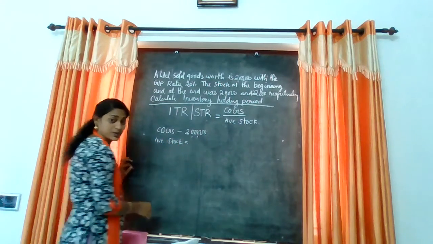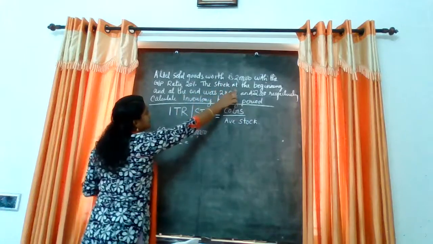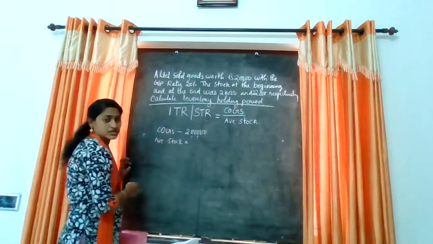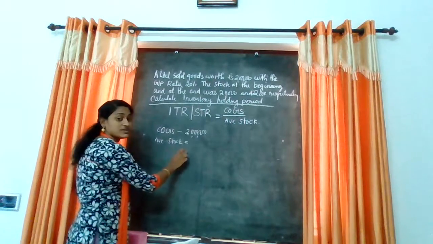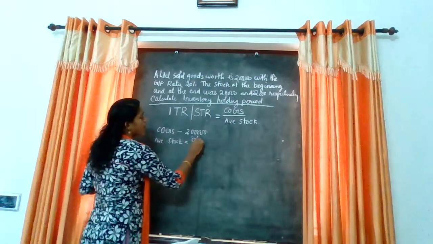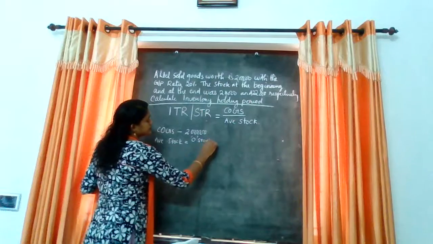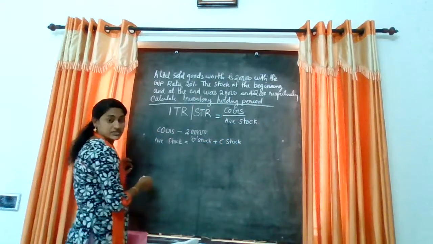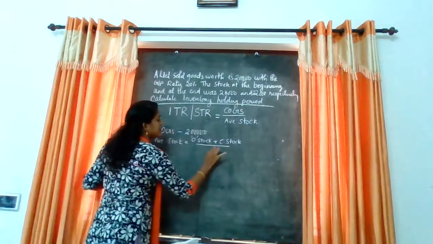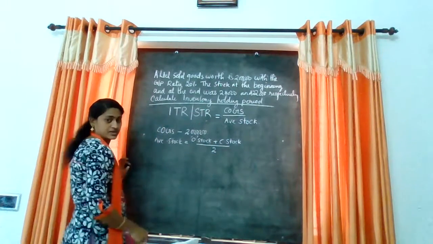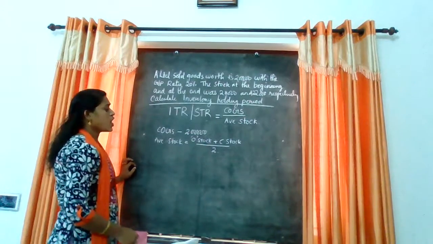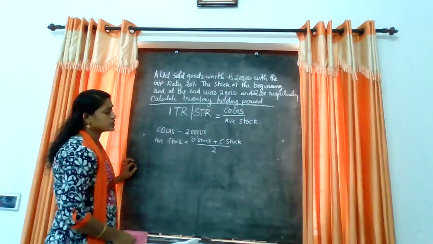Opening and closing stock are also given in this problem. So we have to calculate average stock, which is equal to opening stock plus closing stock divided by 2. Average stock is calculated only if the opening stock and closing stock are given in the problem.